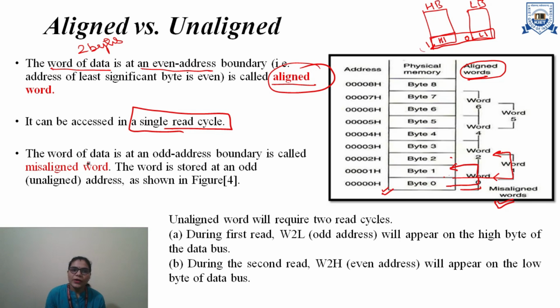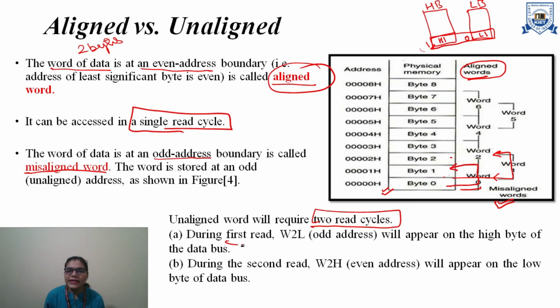If the word of data is stored at an odd address, then the word will be called a misaligned word, and it will require 2 read cycles to access that word. So to access an unaligned word, the processor will require 2 read cycles.